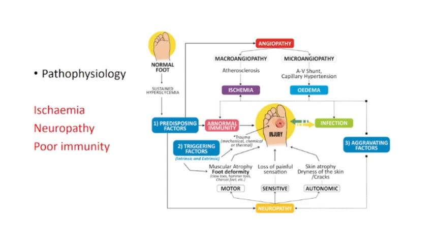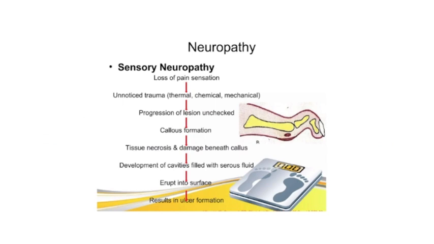So micro and macro atherosclerosis can contribute, and with subtle trauma they can easily get ulcers, right? So that is angiopathy. The next thing is neuropathy, right? The diabetics can have sensory neuropathy, autonomic neuropathy, and motor neuropathy.